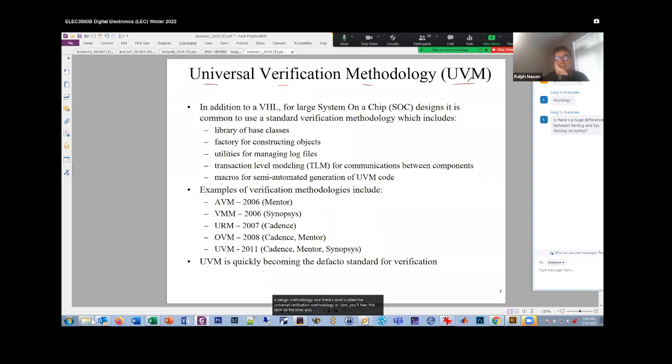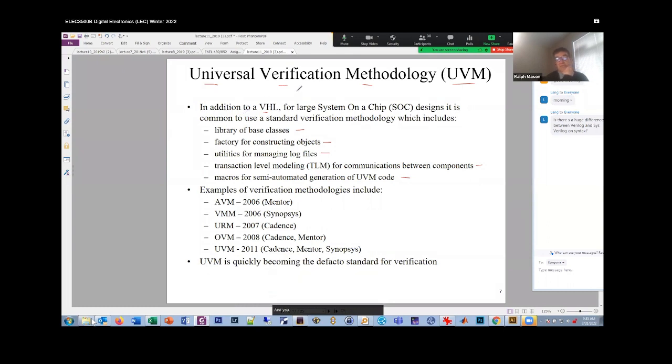And it's basically, in addition to System Verilog, it includes a bunch of other things like libraries of classes, sort of mechanisms, or we call it a factory, for constructing the objects in those classes, utilities for managing log files, transaction level modeling and communication between components, and macros for semi-automatic generation of the verification code. So all of that's within UVM.